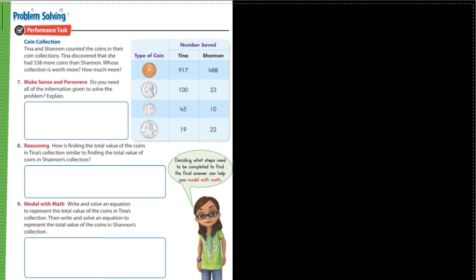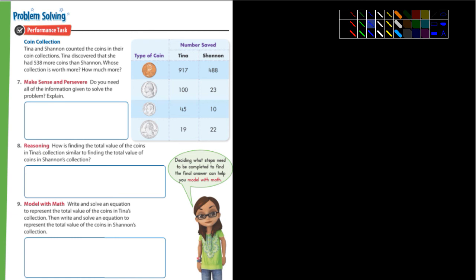And then problem solving. It says Tina and Shannon counted the coins in their coin collection. Tina discovered that she had 538 more coins than Shannon. Whose collection is worth more and how much more? Okay. So these are the types of coins.